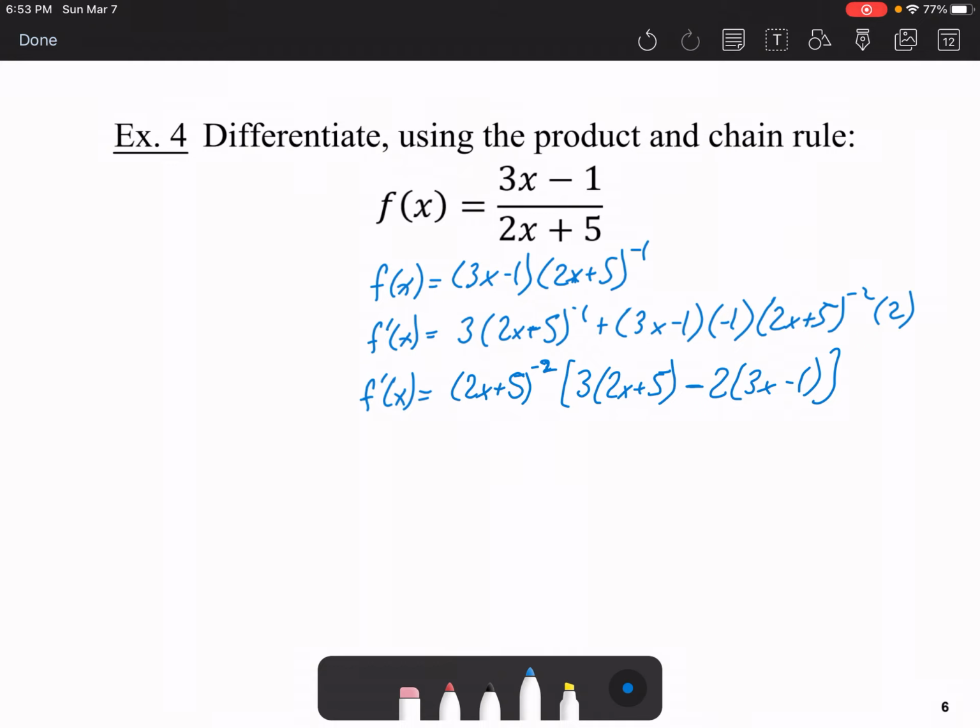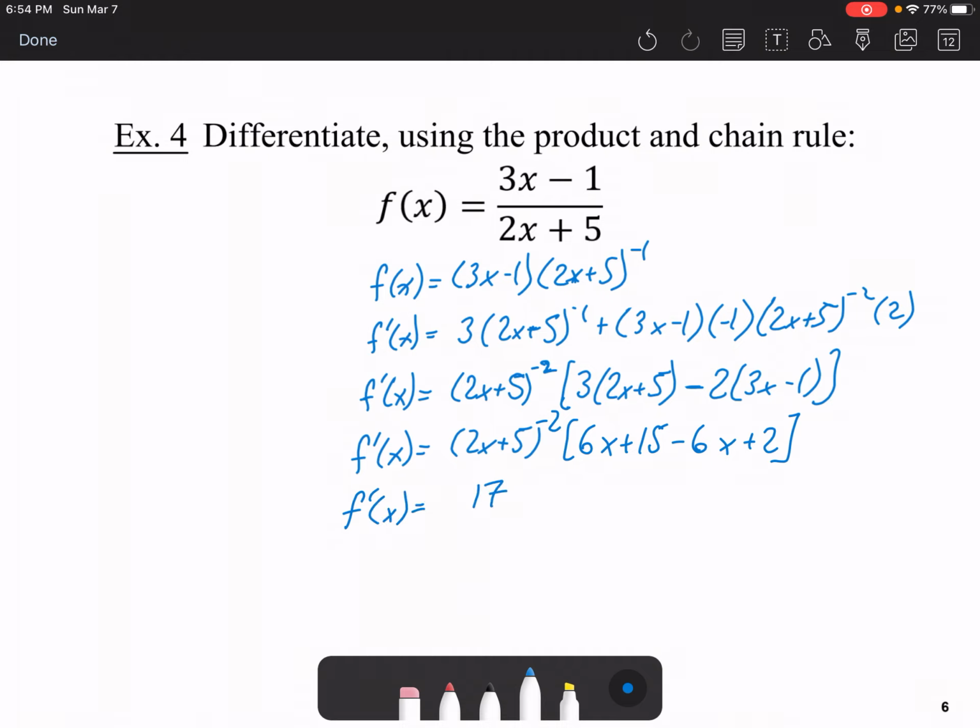Okay, so now we continue to simplify. This becomes 6x plus 15 minus 6x plus 2. So now the derivative turns out to be just 17 in the numerator and 2x plus 5 squared in the denominator. And that's how you find the derivative of a function that's a rational function. And thus concludes lesson 2.4.